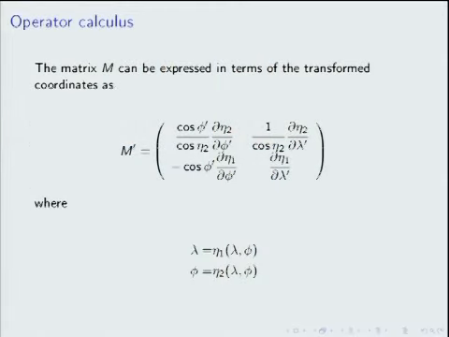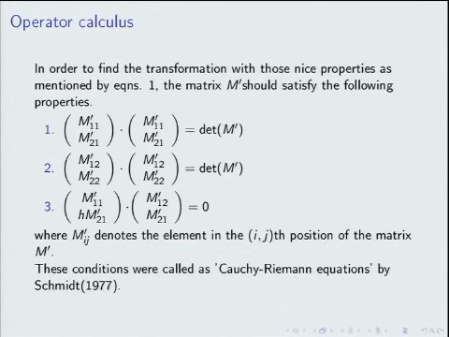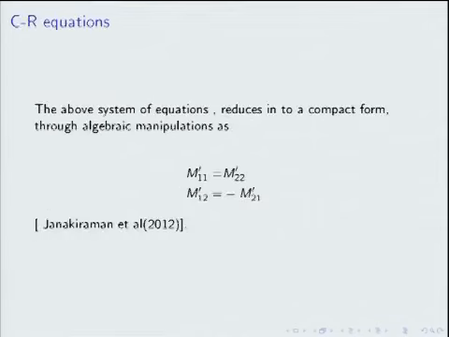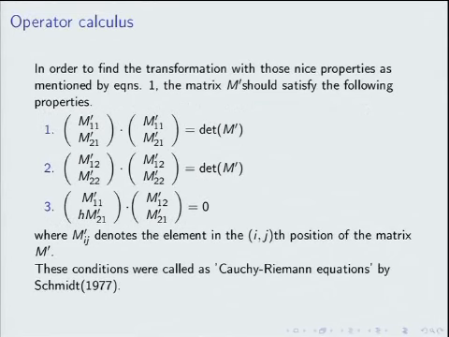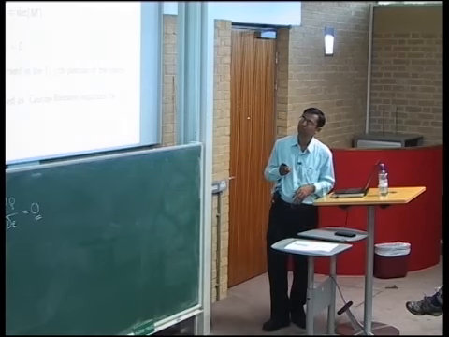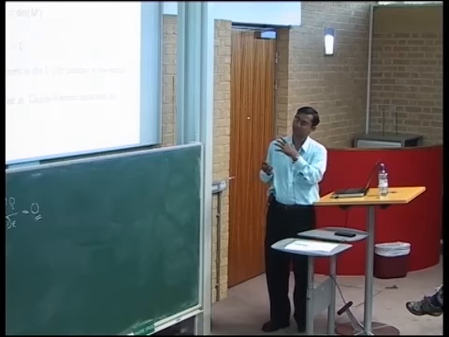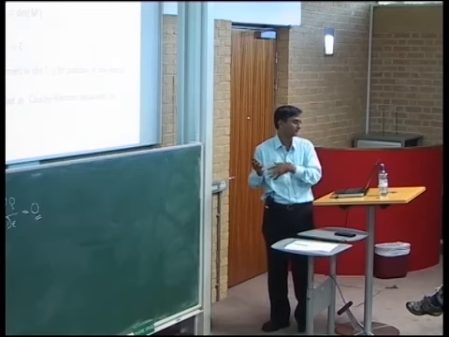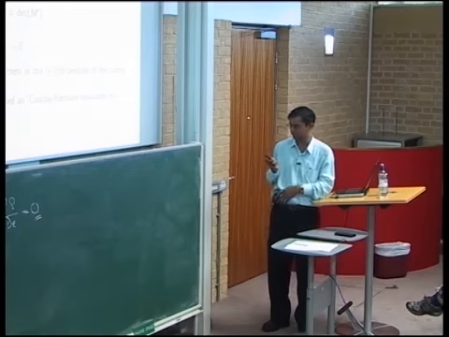Similarly, the scalar product of column 2 with itself should be equal to the determinant, and, I am sorry, there is a typo here, there is no H there, and the scalar product of the first column with the second column should be 0. These things were named by Schmidt as Cauchy-Riemann equations. It won't be clear why it is named as Cauchy-Riemann equations.